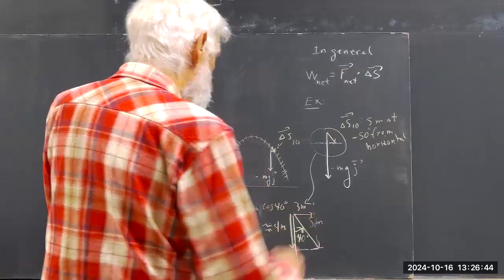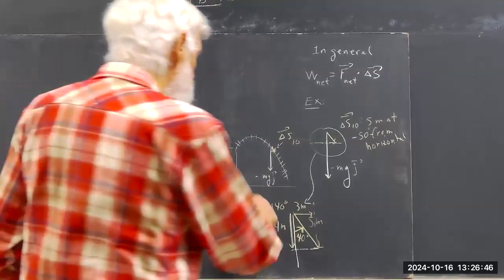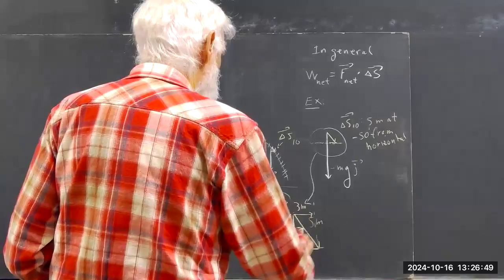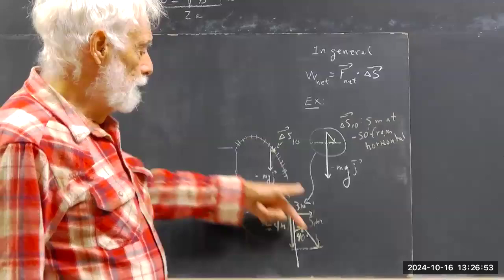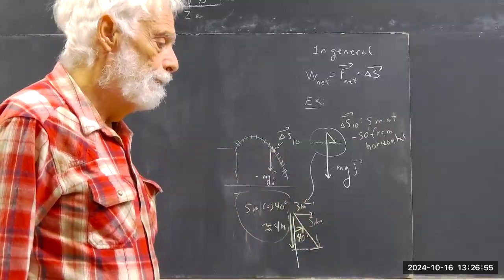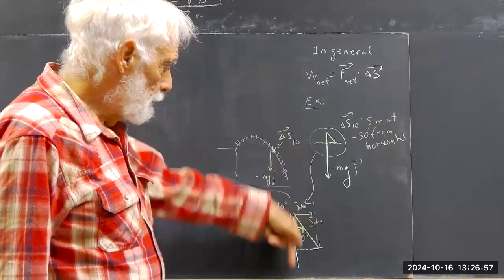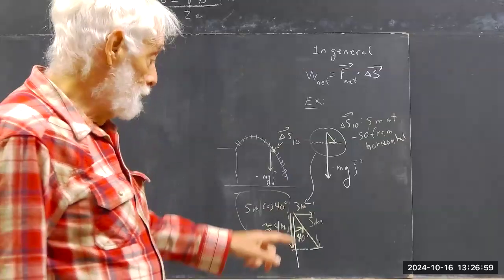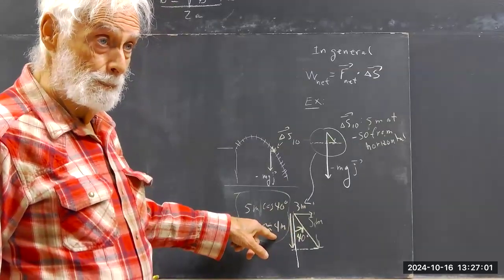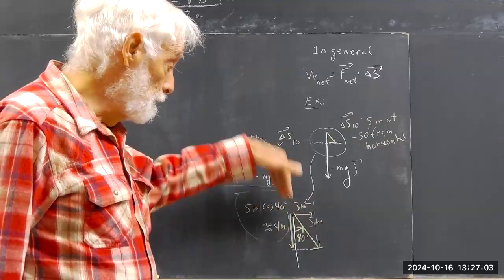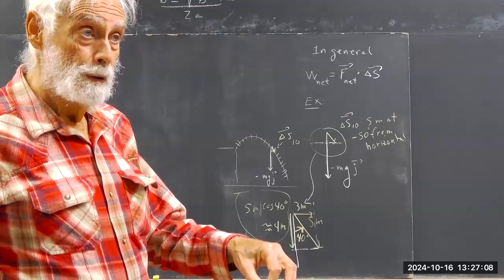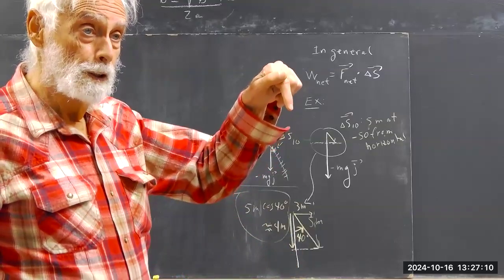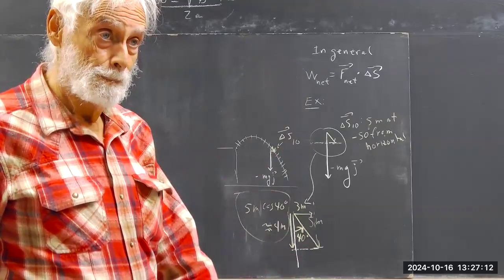That's very approximate. It's actually somewhat less than 4 meters. The only part of this vector that's in the direction of the force is the 4 meter component. The 3 meter component is perpendicular to the force. Force only does work on the part of the displacement that's parallel to it.